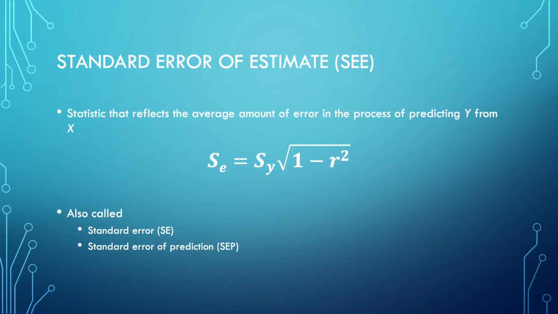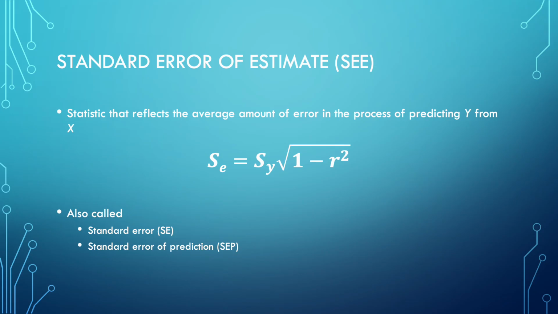It comes by a lot of names, but what it means is the statistic that reflects the average amount of error in the process of predicting y from x. We're looking at that average error across all of those data points on the previous graph. What is that average error of predicting y from x?